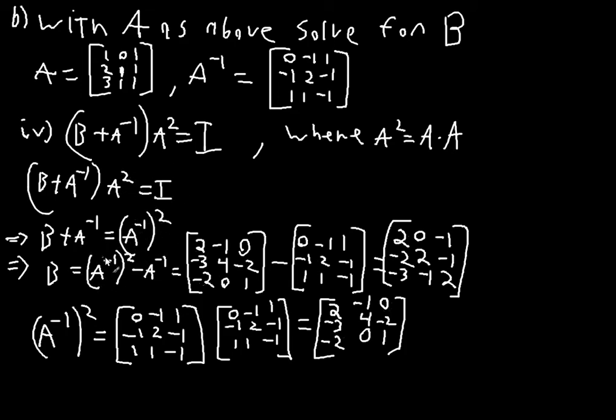And then if I move over A inverse by subtraction, then we get B equals A inverse squared minus A inverse. We don't quite know what A inverse squared is yet, but we know what A inverse is. It's right up here. So we just got to square A inverse to give us this matrix, and then we subtract one from the other, and that gives us our answer for B.